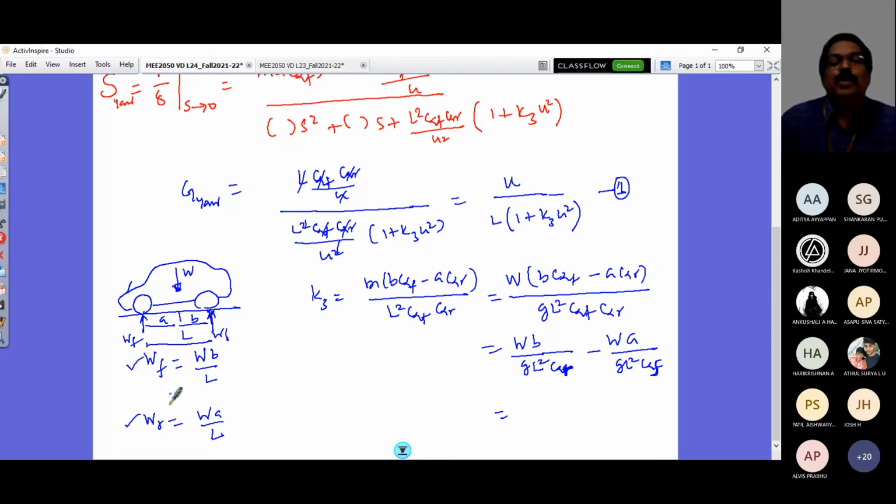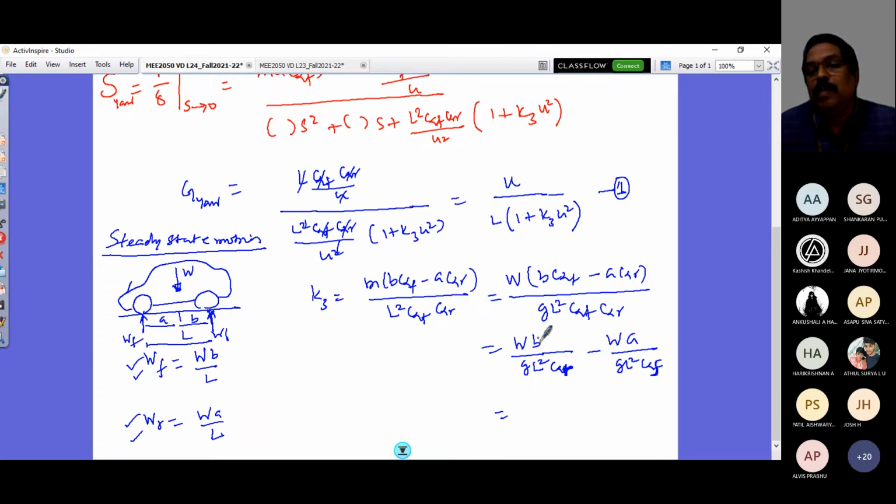And the same load distribution would be there in our bicycle model. Why? Because of steady state motion. When you consider steady state motion, there is no load transfer. There is no suspension in the bicycle model we consider. There is no load transfer. This W F and W R are constants. So that is what is now here.